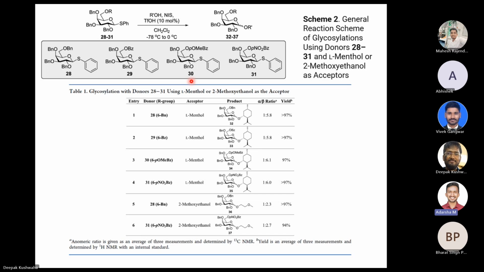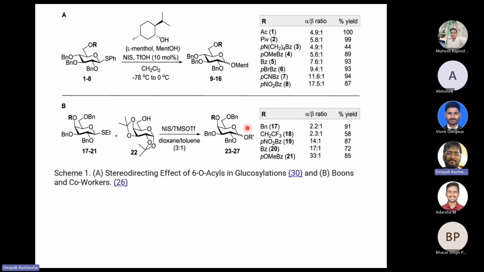That's why I think that is one of the reasons the majority of carbohydrate research labs are surviving on this alpha beta selectivity. In this particular case they have used this different menthol acceptor, but the moment we go to a sugar acceptor, as the Boons group has done, the nucleophilicity is automatically much less than the other acceptors.